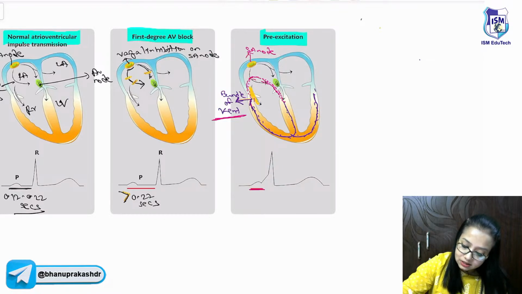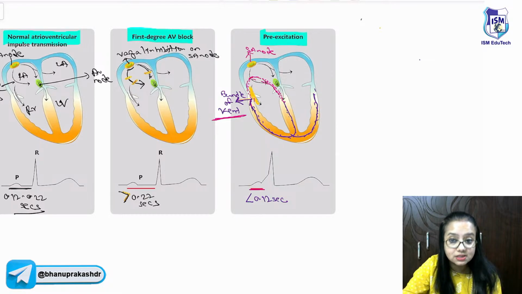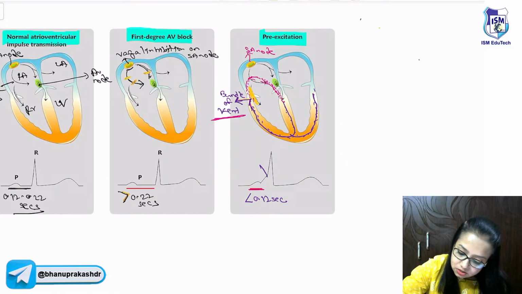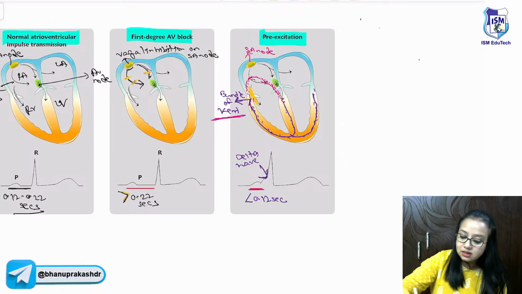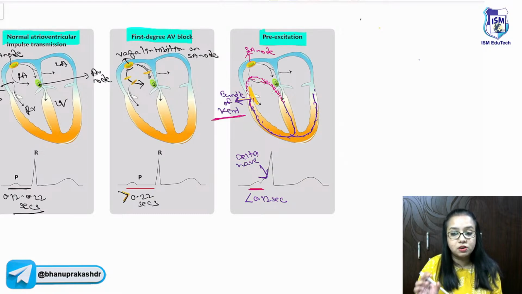Now here this PR interval is less than 0.12 second, and one characteristic of this pre-excitation is the presence of the delta wave in the ECG. So whenever there is any pre-excitation, there will be a drastic change in the time gap of this PR interval.